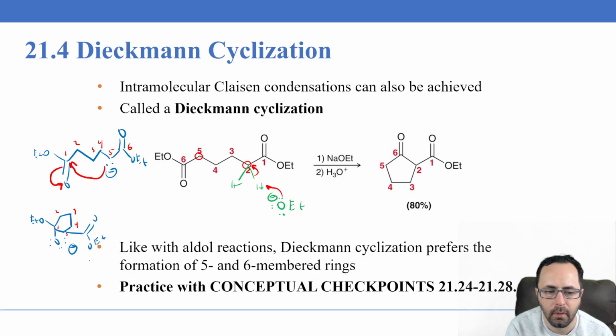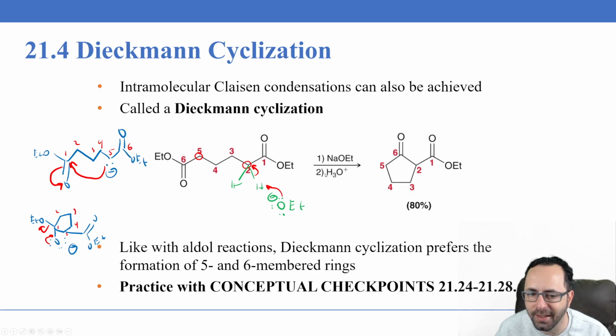Okay, and this oxygen has a negative formal charge, and then the last step of the reaction is just going to be kicking out that ethoxide group, ultimately giving us, I numbered it a little bit differently than they did. I numbered it the other way around, but you get the idea here. I should have numbered it the way I did on the slide here. I just renumbered it again.